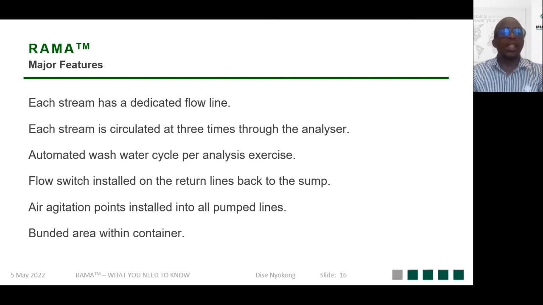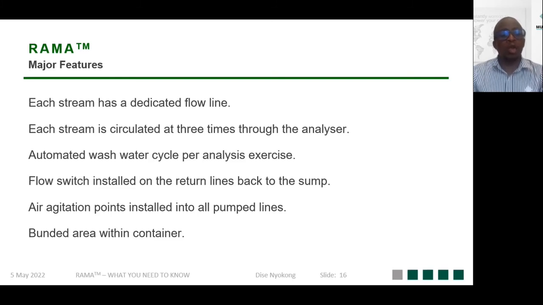There is also, with each stream, as I showed earlier, a recirculating line that ensures that the stream is recirculated at least 3 times to the analyzer, thus improving precision levels as compared to conventional, where it's normally one stream that is sent and there's no recirculation.